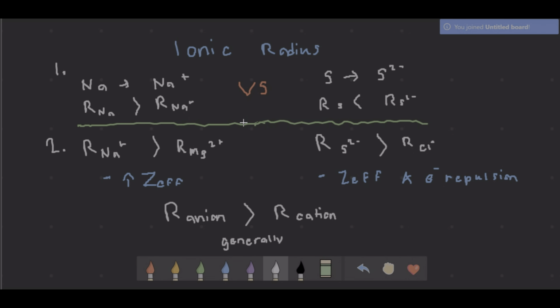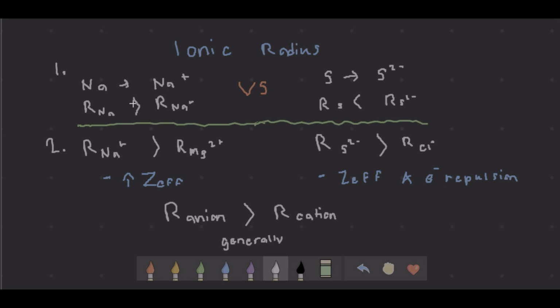So now here I'm going to discuss ionic radius, where the concept is basically we're going to be comparing the radius of an ion to a normal element, or to another ion. So first, a rule to know. Let's say in the formation of a cation, what's going to happen is the atomic radius is going to decrease.